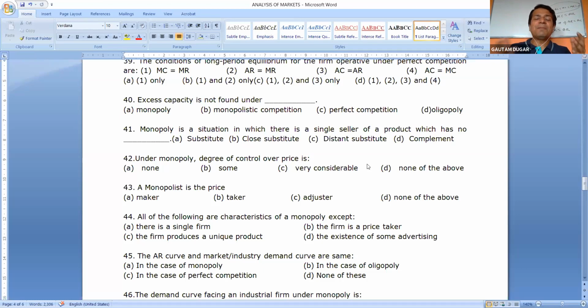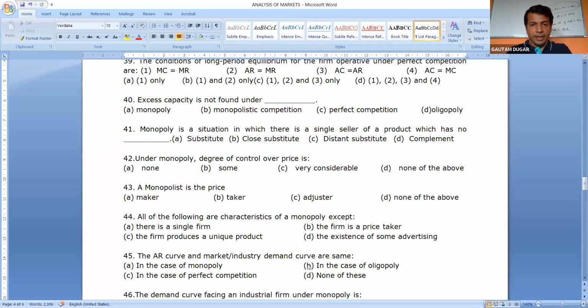But in terms of time, it will take more time and be more discomfort. So roadways is an inferior substitute. Or airlines will take much less time, but will be a bit costly. So that would be a superior substitute. So distant substitutes will always be there for a monopoly. Monopoly is a situation in which there is a single seller of a product which has no close substitute.